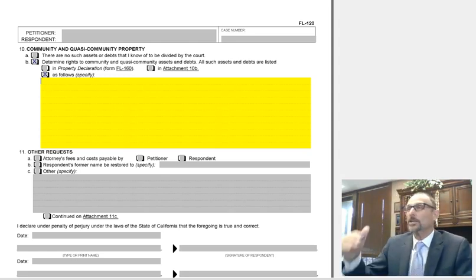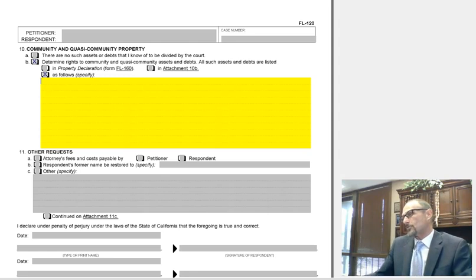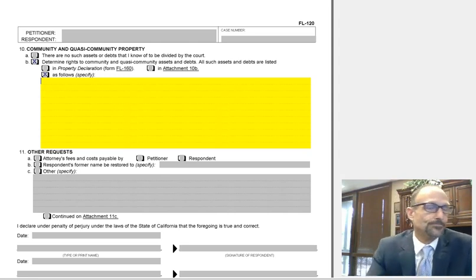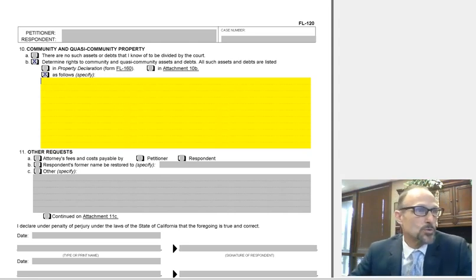Now, if you don't want to literally go room by room through your house and list everything you own on the planet and all your bank accounts and all your investment accounts and everything else, there is some standard language that can cover you. It's language we use when we don't have time, when we're initially filing this documentation.